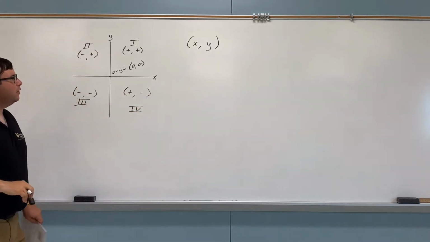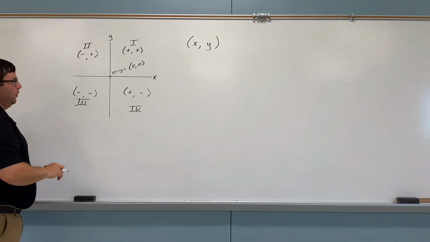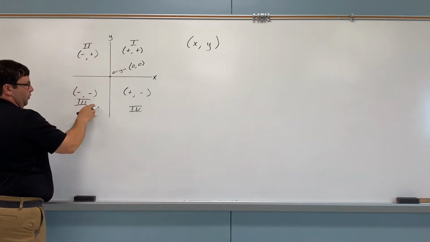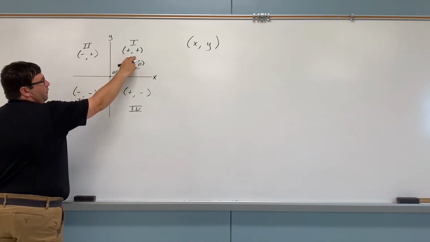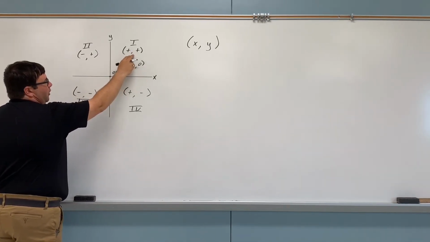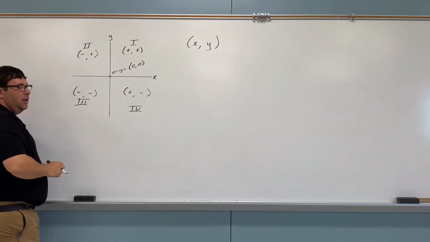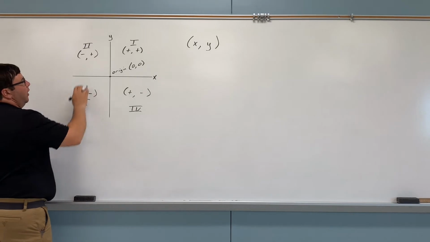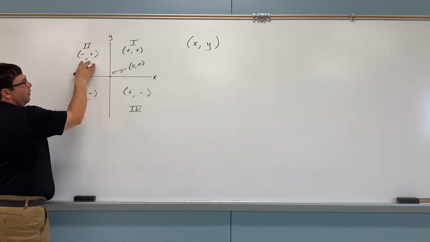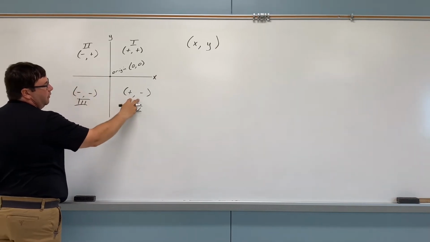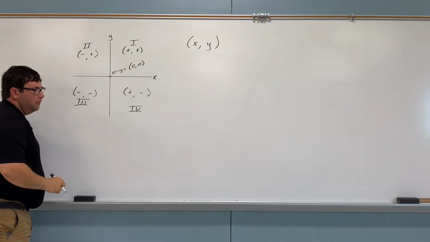You can see with these four quadrants that they are kind of opposite of each other. In quadrants 1 and 3, your odd quadrants, you're either double positive, positive x and positive y in quadrant 1, or double negative, negative x and negative y in quadrant 3. Likewise, in quadrants 2 and 4, your values are either negative, positive or positive, negative.